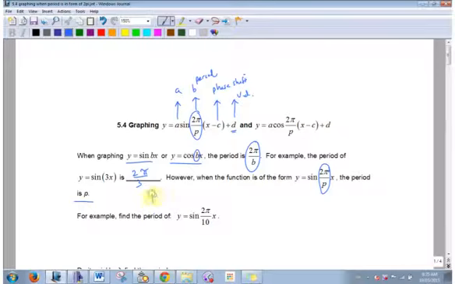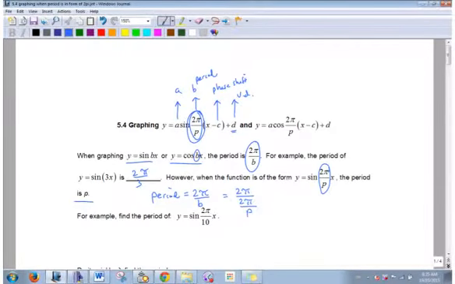Here's my formula. Period is 2 pi over B. But this was B. So my period is 2 pi over P.